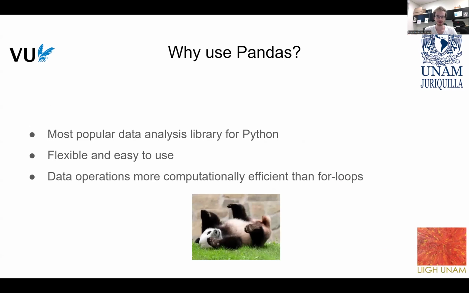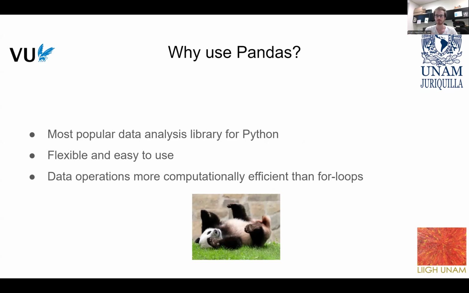So a reason for using Pandas is that it is one of the most popular data analysis libraries for Python. This is convenient because if you work with other people on projects, they likely know it or they use it in their code already. It makes your code more readable for other people who are familiar with these libraries. And it's also so common and popular for a reason.